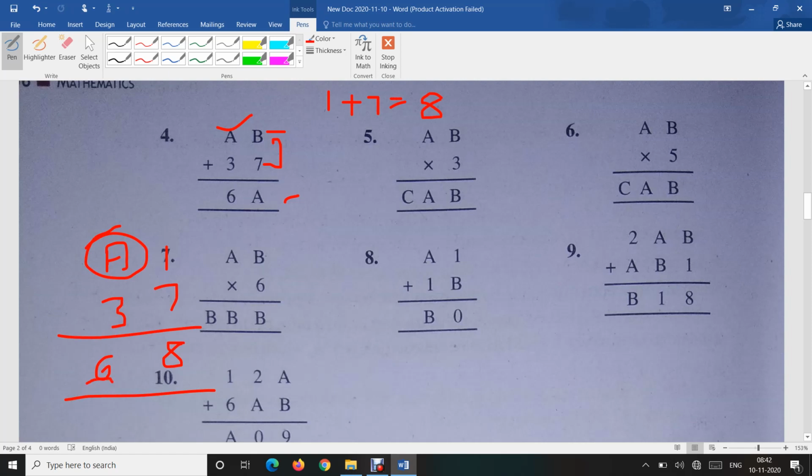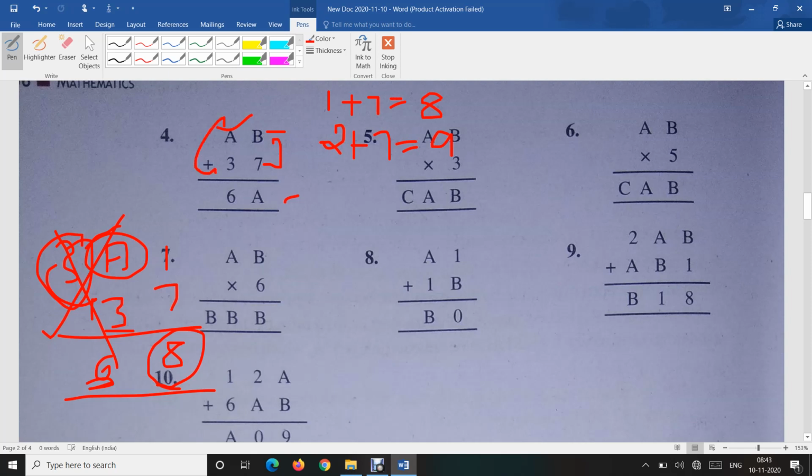And if we want to satisfy this condition, then we have to add 3 in this 3. Then here the value of a is 8 and here the value of a is 3. That means the value for a is different in the same question. That means it will not satisfy. Now let us try for the next. 2 plus 7 is equal to 9.